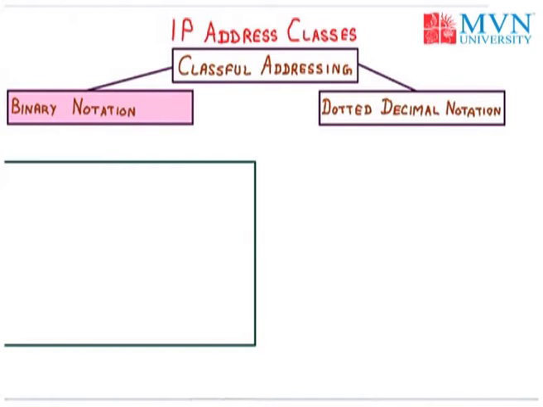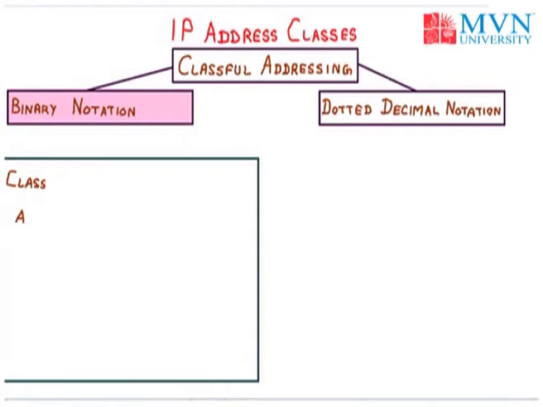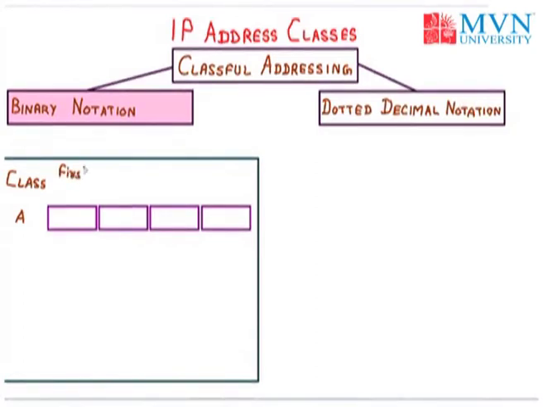The first class is class A, in which we have all the 4 octets. As the IP address has 4 bytes, that means the IP address is a combination of 32 bits or 4 bytes. This is my first byte, this one is my second byte, then my third byte, then the fourth byte.